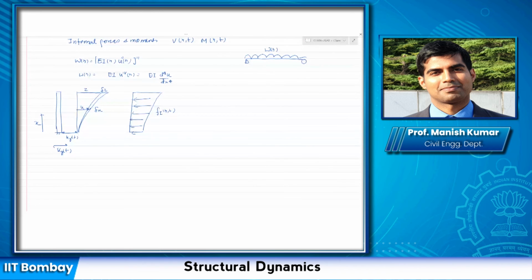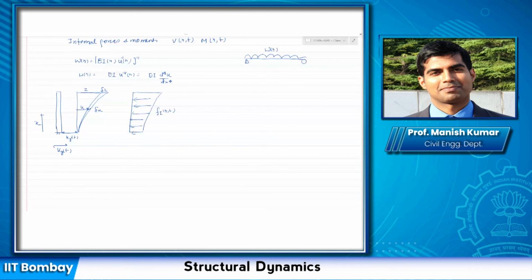This is the equivalent static force I'm talking about, this is my F(x,t) at any distance x. I'm going to apply this force here and do the static analysis, so the deformation due to this static force is the same as the deformation due to this dynamic force.